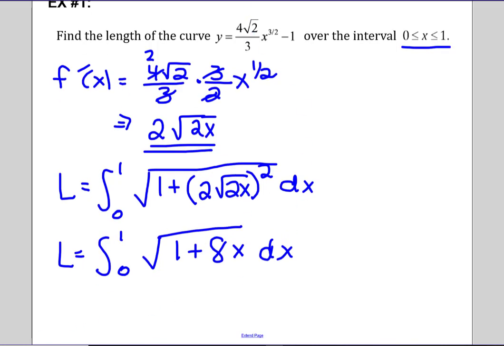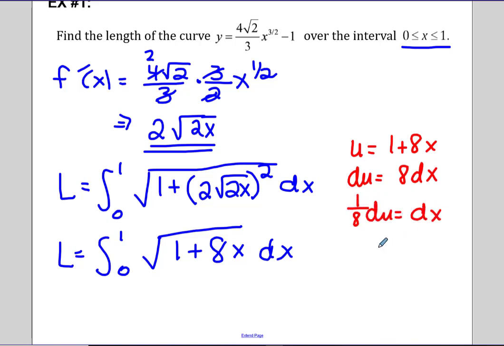In this case, we're going to need to use some u substitution. So let's allow u to be 1 plus 8x. And du is going to be 8 dx. So we have 1/8 du is equivalent to dx. And then when x is 0, u is 1.